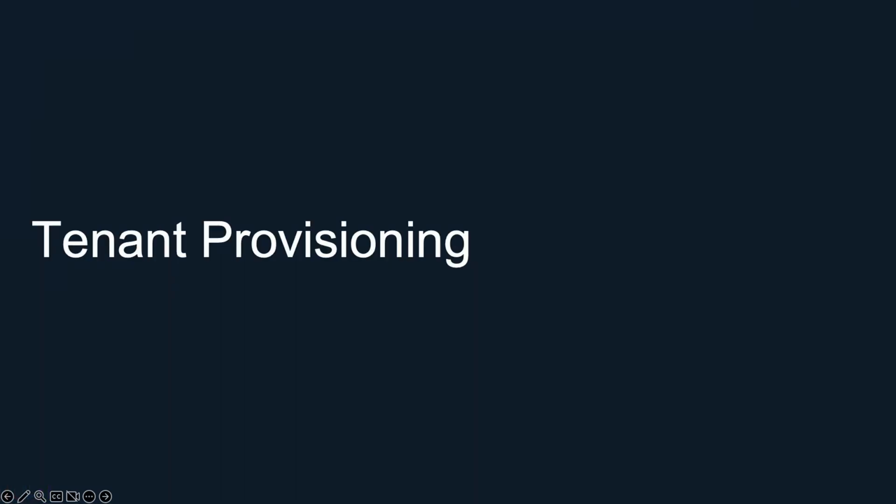All right, so tenant provisioning. Again, when we're working with SaaS applications, there's a couple models we work with primarily. We have a pooled model and we have a siloed model. In the siloed model, you're deploying your complete application for every one of your tenants. In the pooled model, you're trying to share things as much as possible.